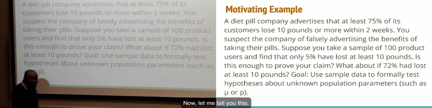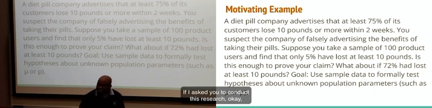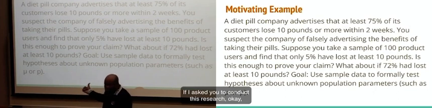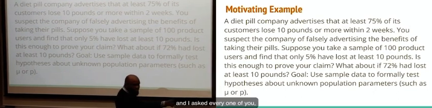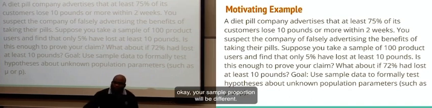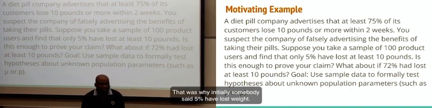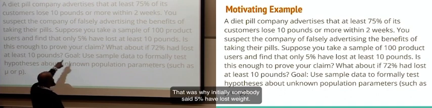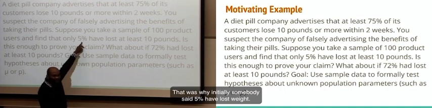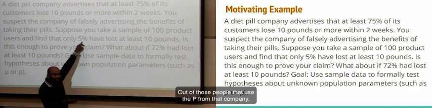Now, let me tell you this. If I ask you to conduct this research, and I ask every one of you, your sample proportion will be different. That was why initially somebody said 5% have lost weight out of those people that use the pills from that company.